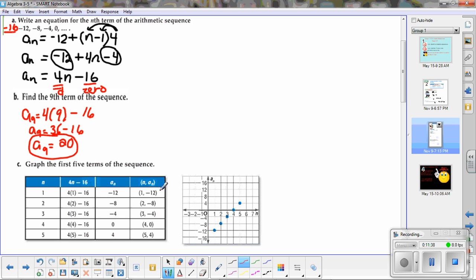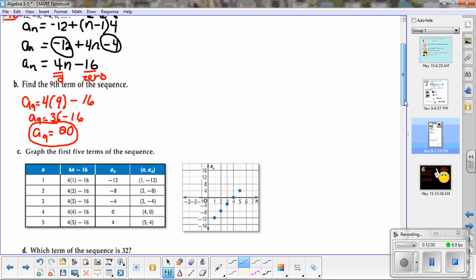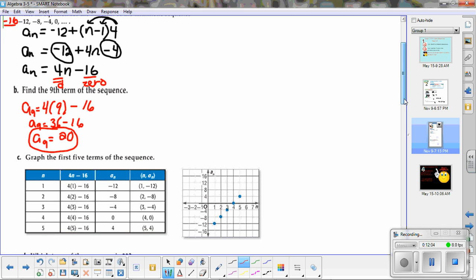You would have to graph it right like this. First term is -12, second term -8, third term -4, fourth term 0, fifth term is 4. Notice that they fall in a straight line. It's in a straight line because there's a common difference. It's increasing or decreasing by the same amount.